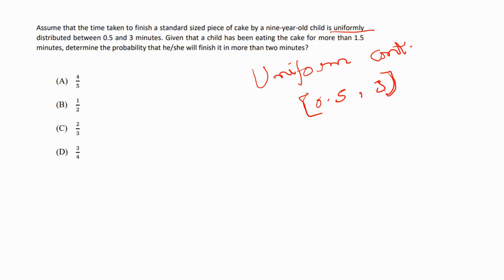This is its range. So we write that x is uniformly distributed between 0.5 to 3. Now the question is that given that a child has been eating the cake for more than 1.5 minutes, determine the probability that he or she will finish it in more than 2 minutes.